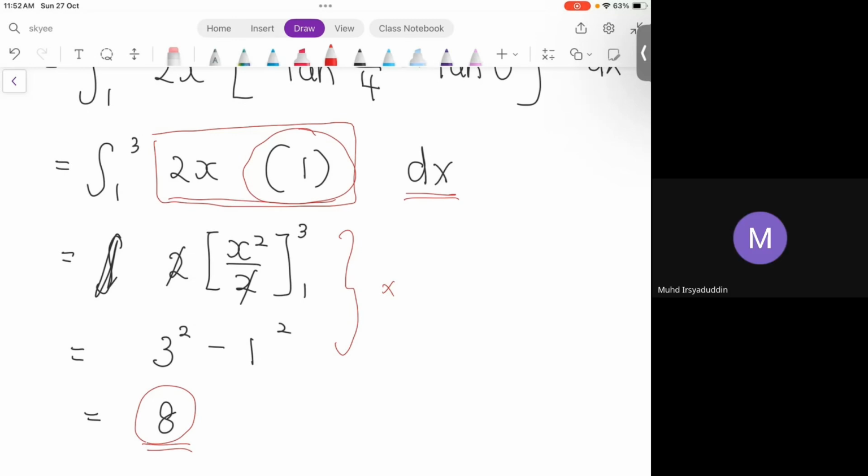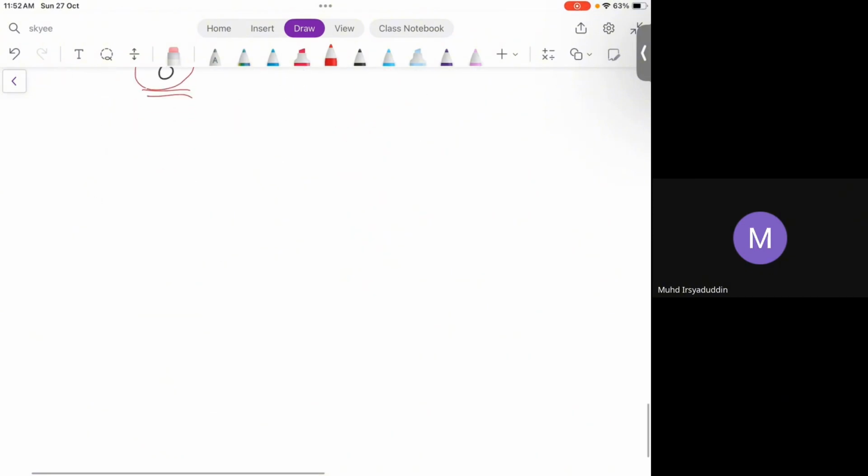Alright, so we move on to the next example. How to perform the integrations.